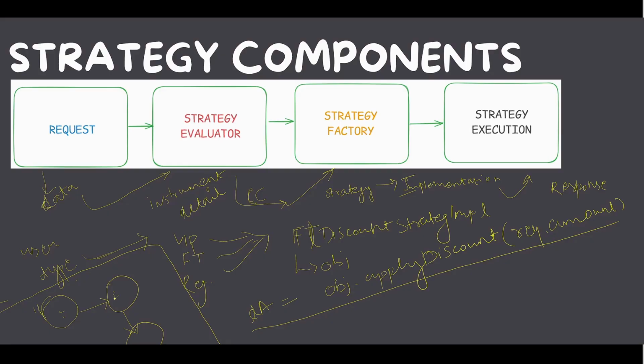If any of these evaluators is able to decide the strategy, we simply break out of this chain. This method is also known as the chain of responsibility design pattern.